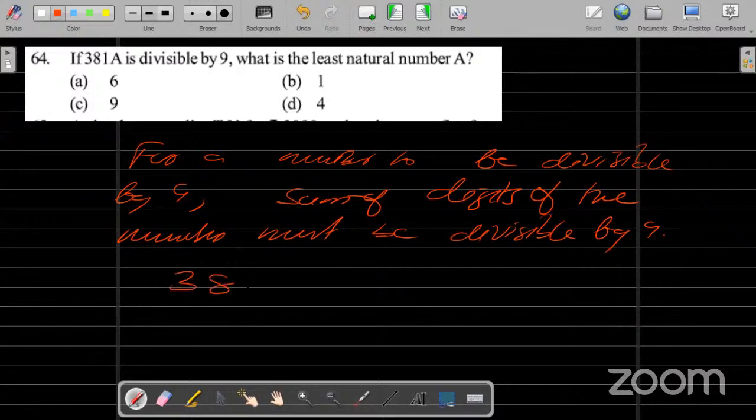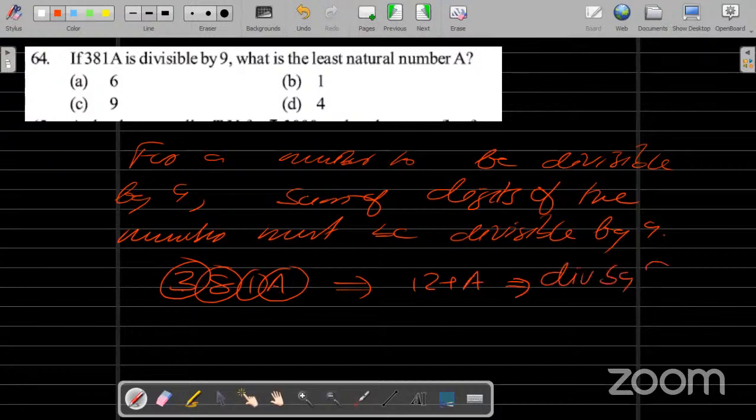So the number is 381A. The digits are A, 1, 8 and 3. So the sum of digits is 3 plus 8, 11 plus 1, 12 plus 8. 12 plus A should be divisible by 9.